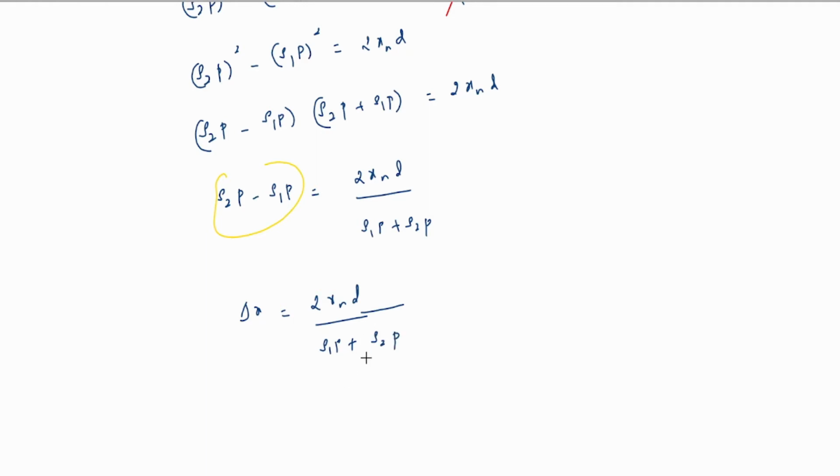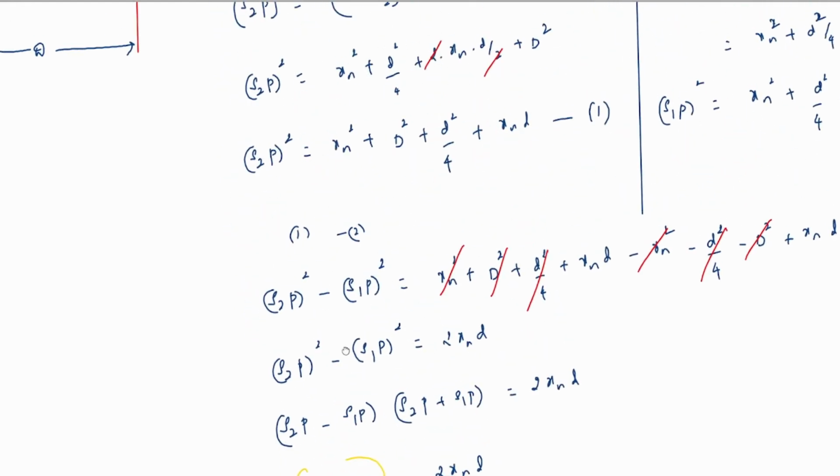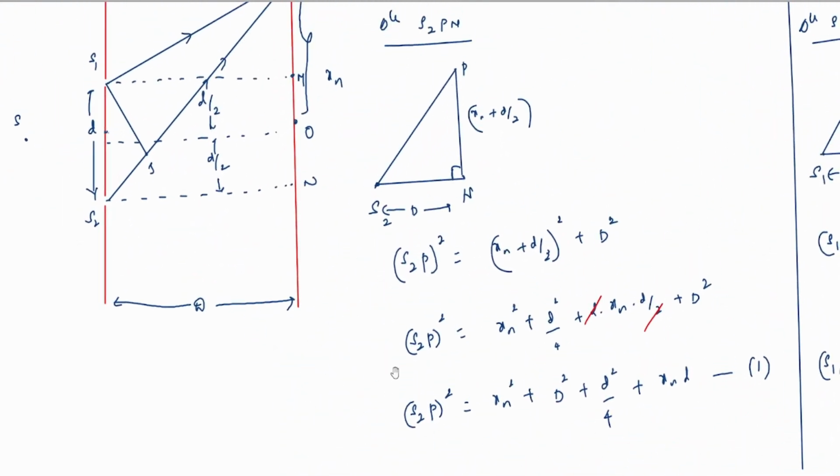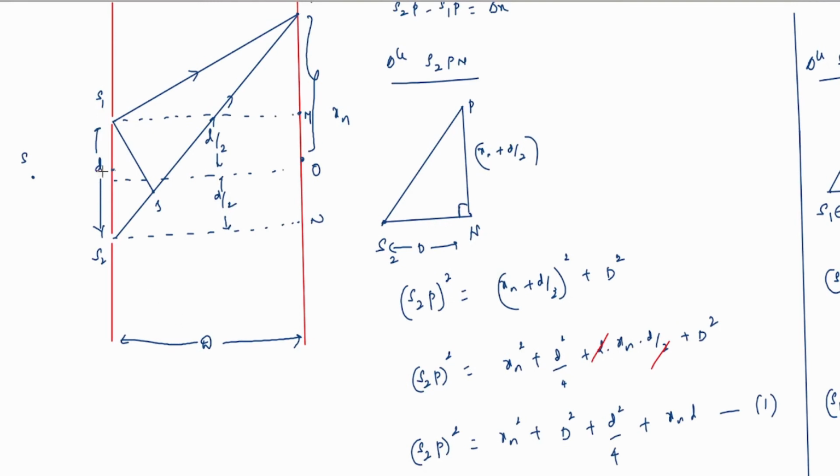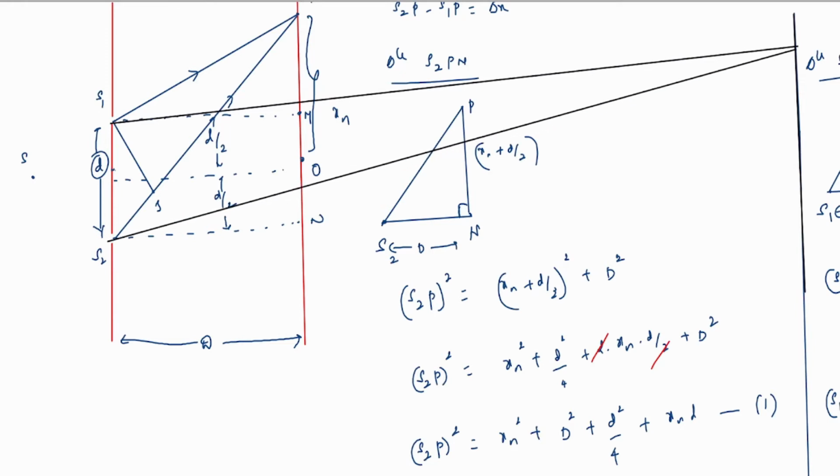But we don't know what S1P and S2P are. In the diagram, if the distance between the two slits is very small, think of the screen very far away. The screen is somewhere like this. Let's draw this dark line as the screen. Then if you look at the two light rays from S1P and S2P, these are almost like parallel lines.